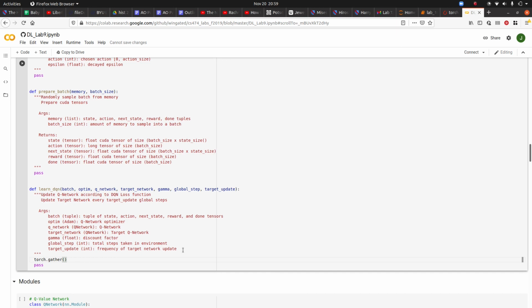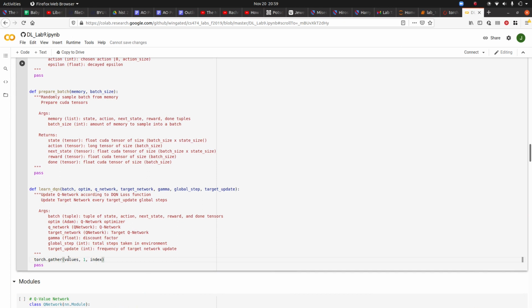The first thing you need is the values you're trying to get out, the dimension along which you want to get them out. In our case, it will be the first dimension, which is the last dimension, and the index tensor that you're using to index into values.